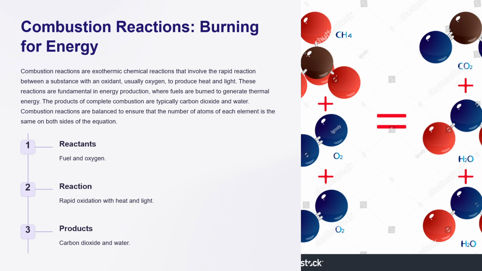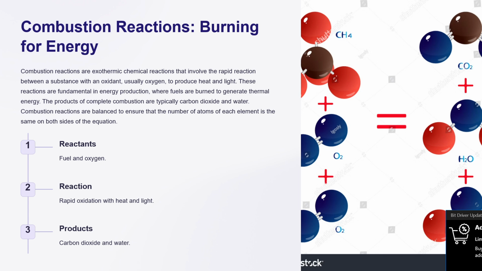Combustion reactions are exothermic chemical reactions that involve the rapid reaction between a substance and an oxidant, usually oxygen, to produce heat and light. These reactions are fundamental in energy production, where fuels are burned to generate thermal energy.